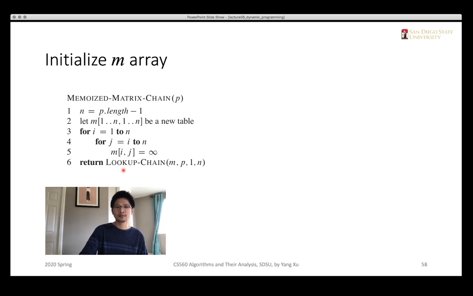Then we call a second procedure called lookup chain with the M which we just initialized, and the p, and 1 and n. This 1 and n indicates the span of the original problem. The starting index is 1 and the ending index is n.